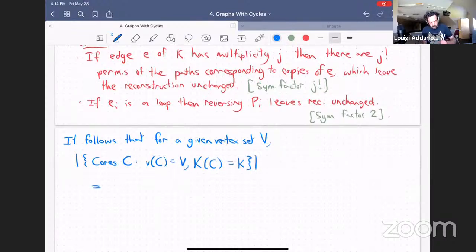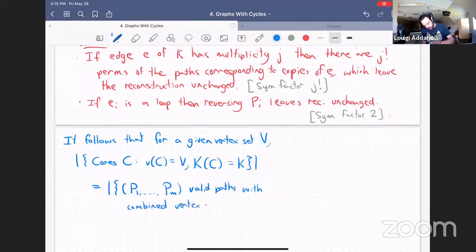is just the number of sequences of valid paths with combined vertex set V. So we have to use the vertices of V which do not appear in K to build those paths, and then we have to add in our symmetry factor.